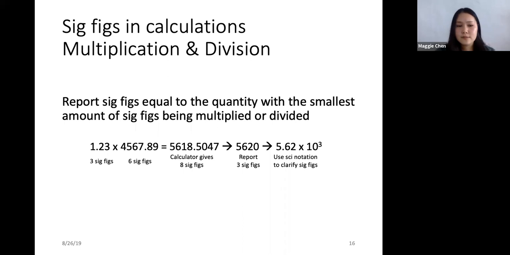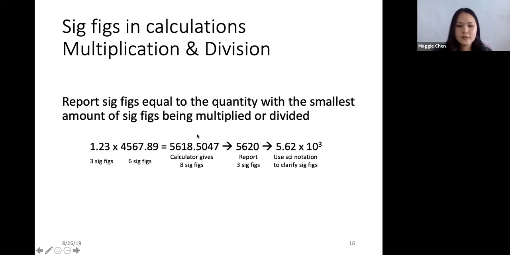If we're looking specifically at multiplication and division, there's different rules for multiplying, dividing, adding, and subtracting. If we're going to multiply, we're going to report sig figs equal to the quantity with the smallest amount of sig figs being multiplied or divided. So if we're looking at the 1.23, which has 3 sig figs, versus 4,567.89, which has 6 sig figs, we're going to be going with the smallest amount of sig figs, so our 3 sig figs here.